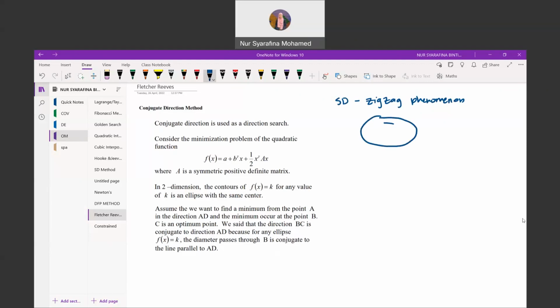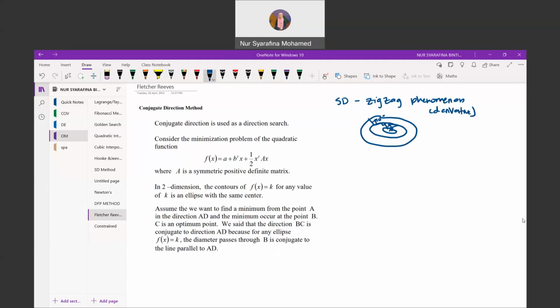So let's say this is the curve, this is the solution point. Towards the solution point, it moves almost every step at a right angle, using the derivative.